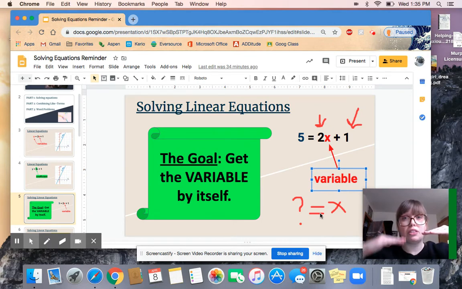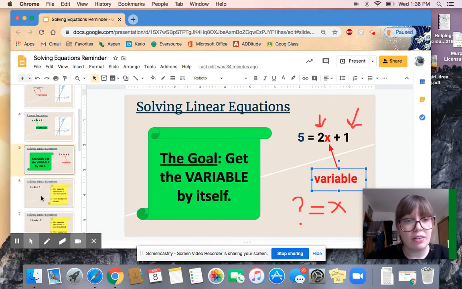Whatever we do to one side of our scale, we have to do to the other. Because if we add something to this side, it's not equal, it's not balanced. Whatever we add to this side, we have to add to this side so it stays balanced. Whatever we take away from one side, we have to take away from the other. So whatever happens on one side of the equal sign happens to the other side as well.